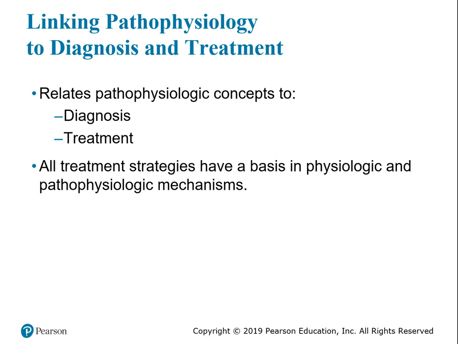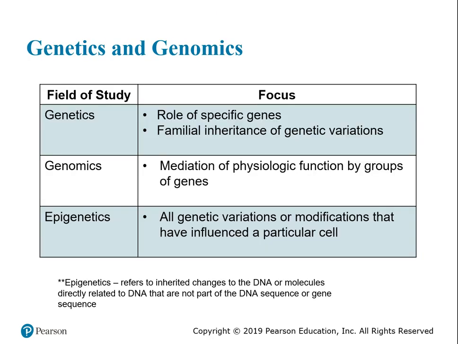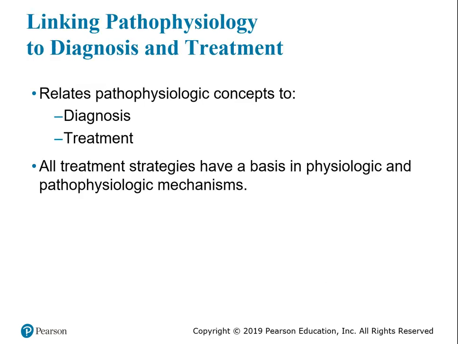Obviously the treatment strategy that you're going to recommend has a basis in the physiologic and pathophysiologic mechanisms. And if you think back to that table that we talked about, think about those main concepts and those sub concepts that we talked about. Sorry, if we go back to the treatment, right?